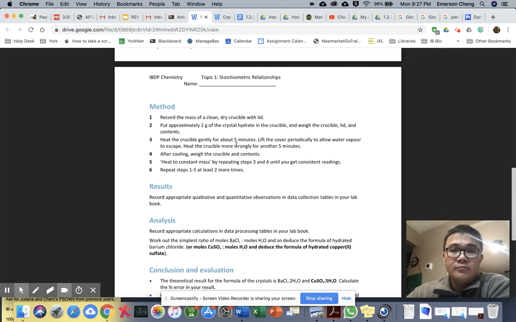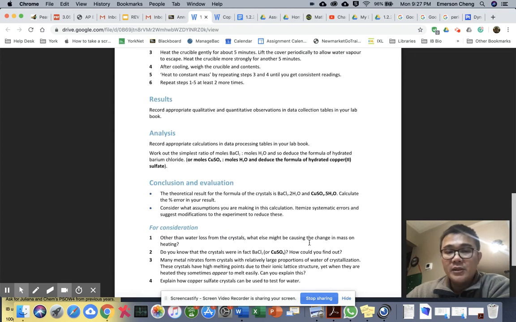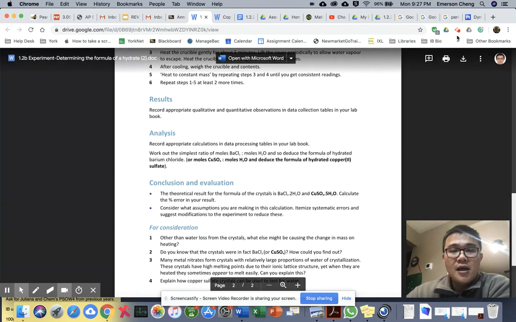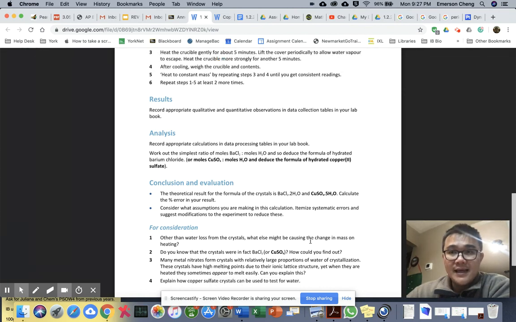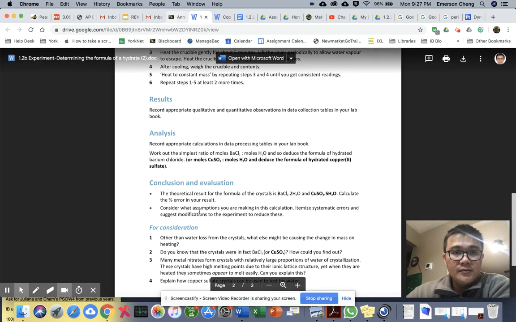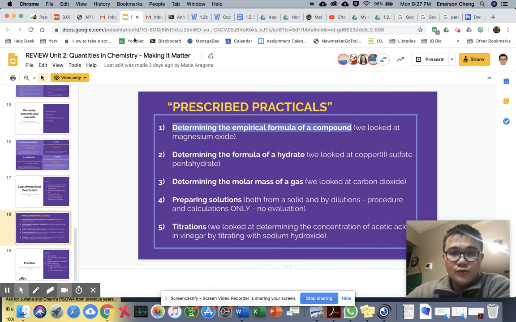Sometimes perhaps you're heating the substance too high, the temperature has gone too high, so the anhydrate might have gone into further reaction and reacted with something else in the air. We don't know. These are things that could potentially gain mass. So again, look at the past unit tests as an example, and I'm going to move on to the third lab.